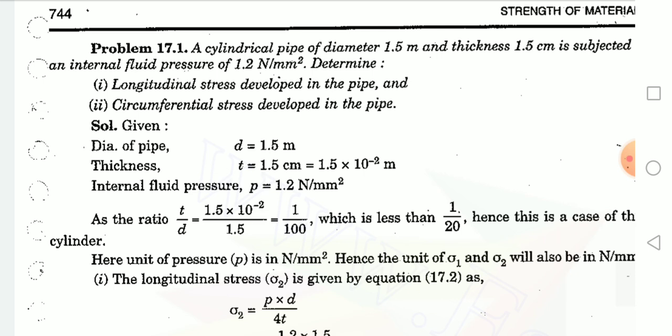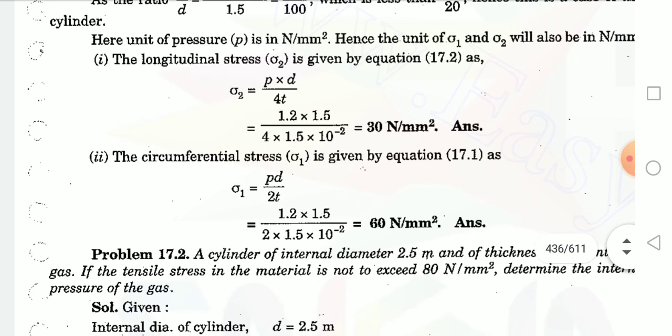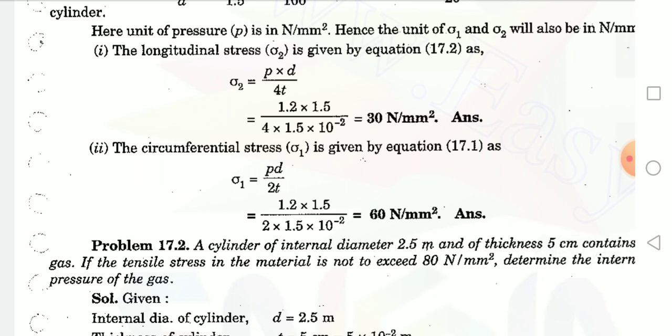Of course the internal fluid pressure is in Newton per millimeter squared, therefore we want to convert the diameter and thickness in terms of millimeter.